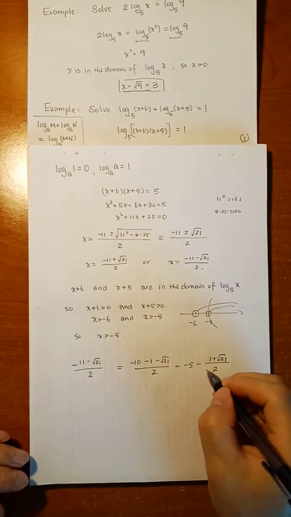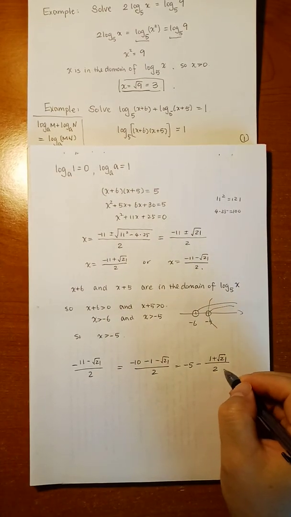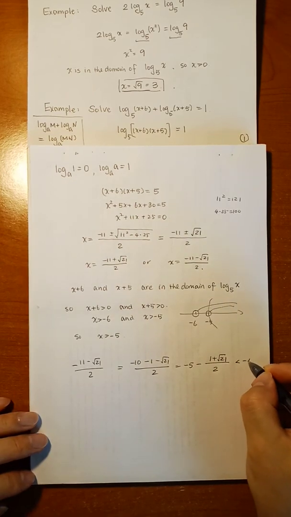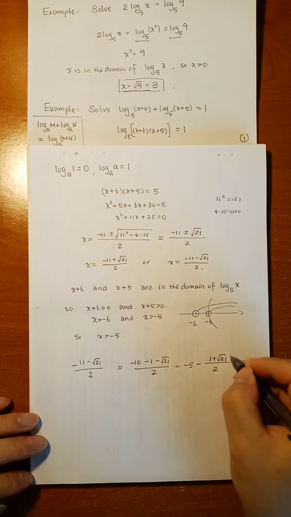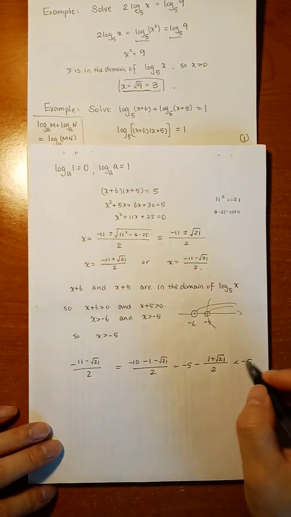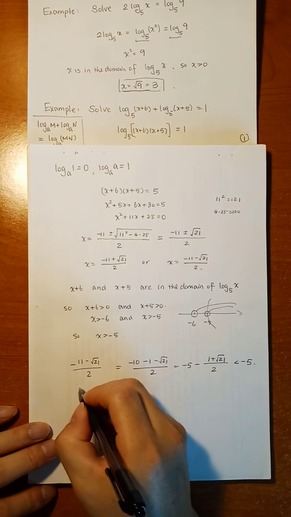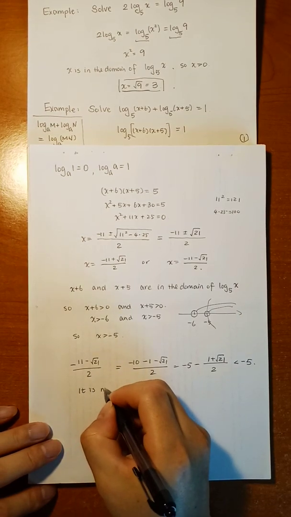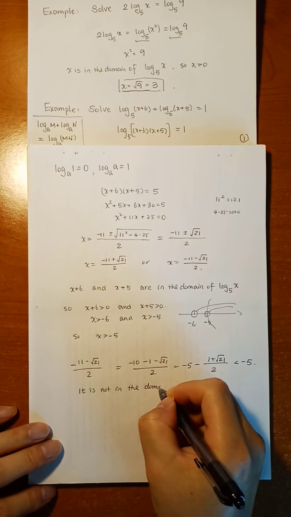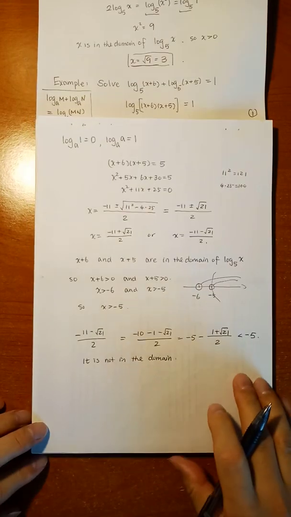So negative 5 minus 1 plus square root of 21 over 2. This one is less than negative 5. It's negative 5 and minus a positive number, so it's less than negative 5. So this is not in the domain. And the other one is in the domain.